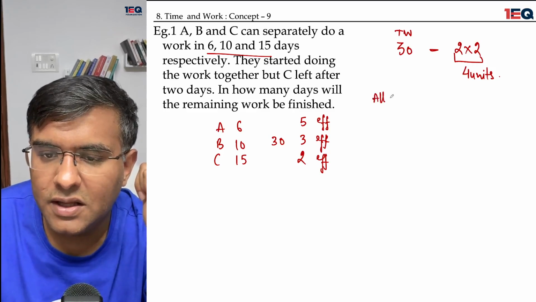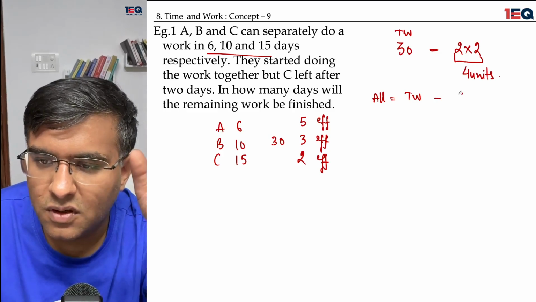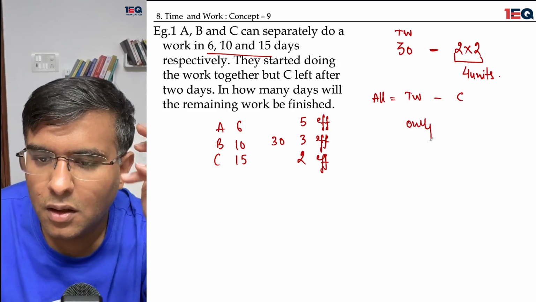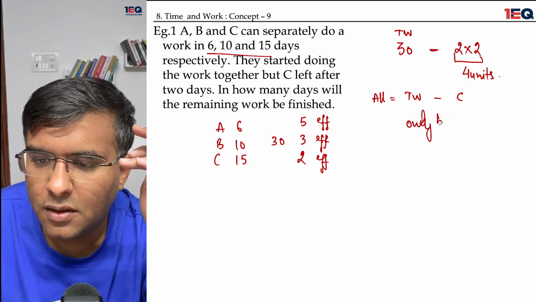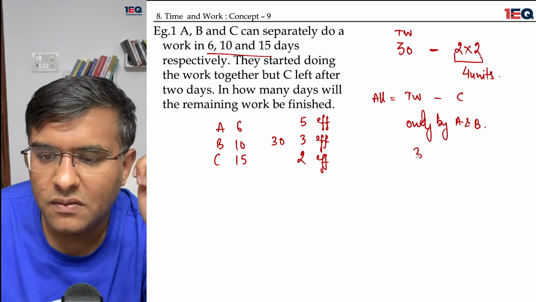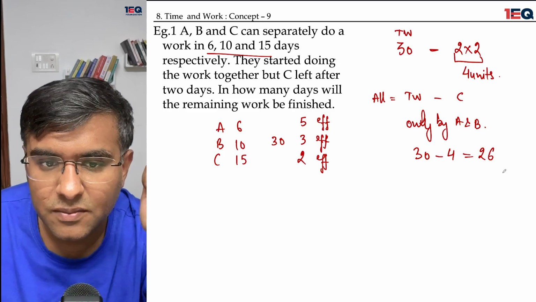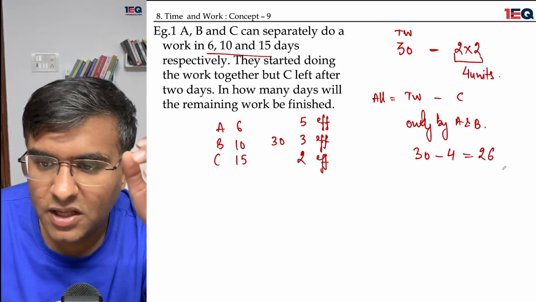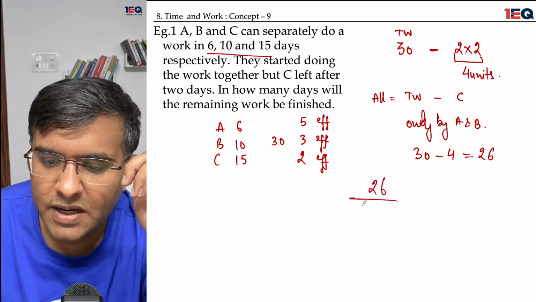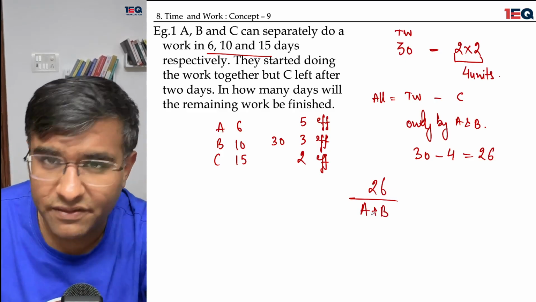If all are there and total work is being performed, and we need to separate out the work of C, whatever would be left behind was done only by A and B, right? The total work is here 30. 30 minus 4 gives me 26. Now this 26 work would be done only by A and B because C has already contributed his share and left.